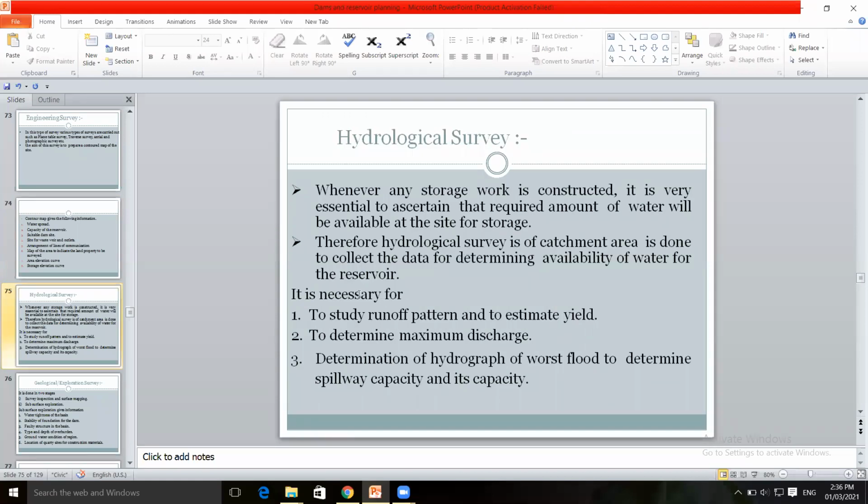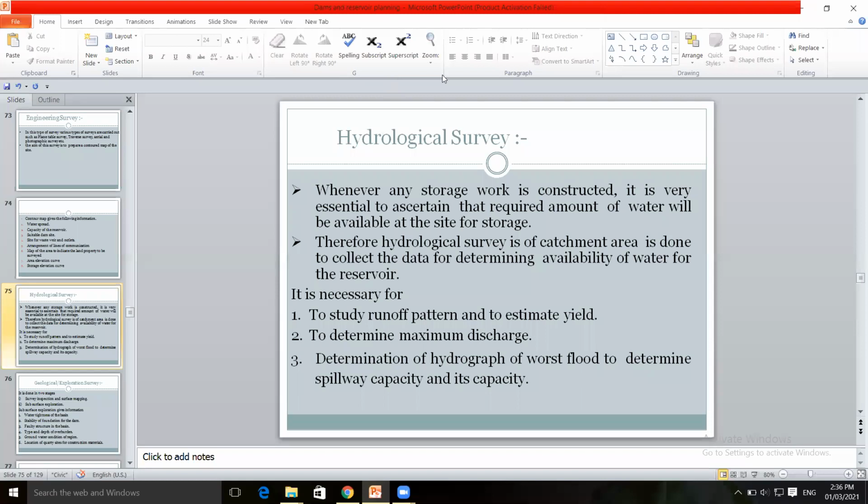From the hydrological survey you get the information related to runoff, depth of rainfall, to estimate the yield, and maximum discharge through that river. This hydrological information is collected in this hydrological survey.